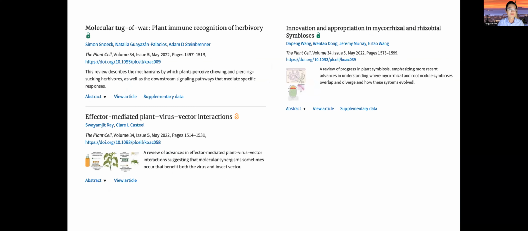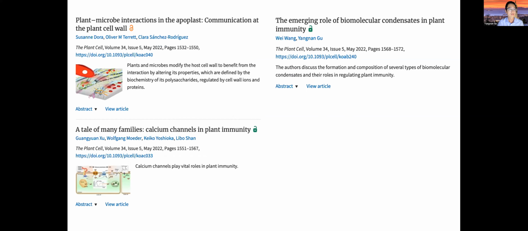We also have 3 papers that comprehensively cover different topics about plant interaction with insects, with viruses, and also their interaction with symbiotic microbes. Also, a few exciting topics about plant-microbe interaction with the cell wall, the recent advances in calcium channels and their function in plant immunity, and the emerging role of liquid-liquid phase separation of biomolecular condensates in activating immune responses.